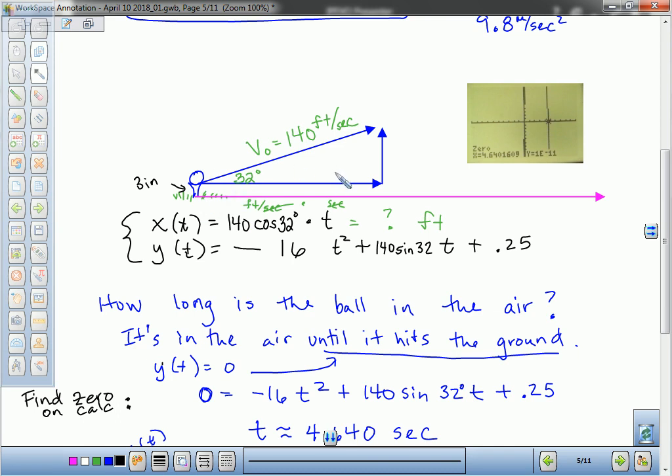I have to clear a tree. How high is this? Let's see if I can clear the tree. So you gotta have it in your X. This tree is 50 feet high.